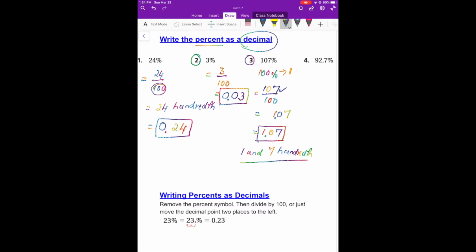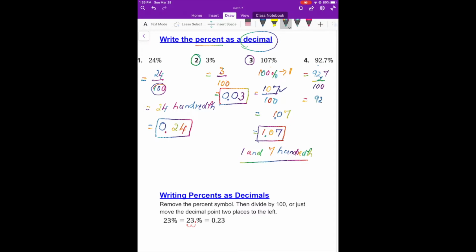Now let's look at the last problem. It's 92.7%. So that means it's less than 1, less than 100%. So the answer is going to be less than 1. That means 92.7 over 100. Since you are dividing by 100, you move the decimal to the left. The number is going to go down, so you move the decimal to the left twice.